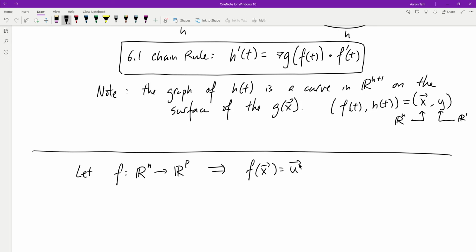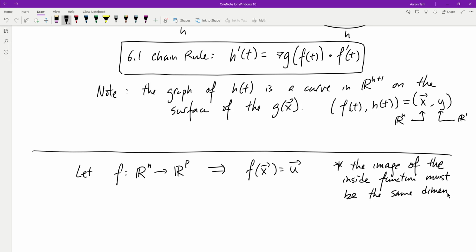In order for the composition to work, what must be true is that the image of the inside function, which in this case is f, must be the same dimension as the input, the domain of the outside function.